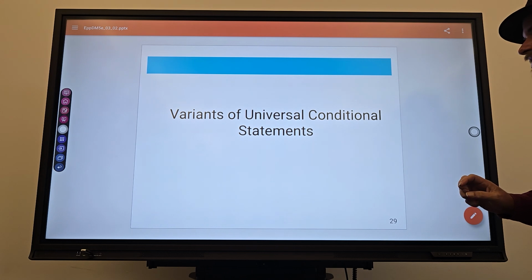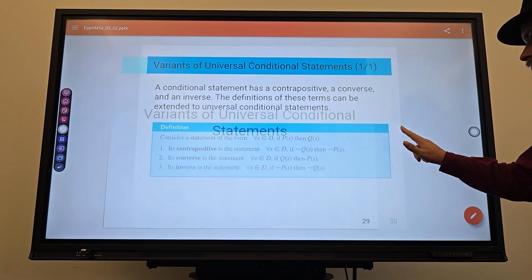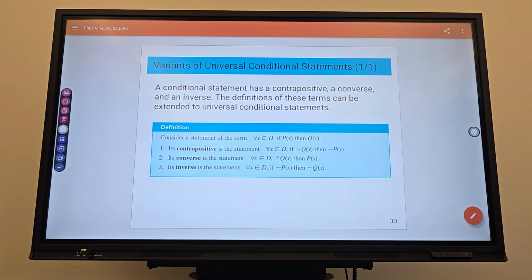Variants of universal conditional statements. A conditional statement has a contrapositive, a converse, and an inverse. Covered this in chapter 2. The definition of these terms can be extended to universal conditional statements.